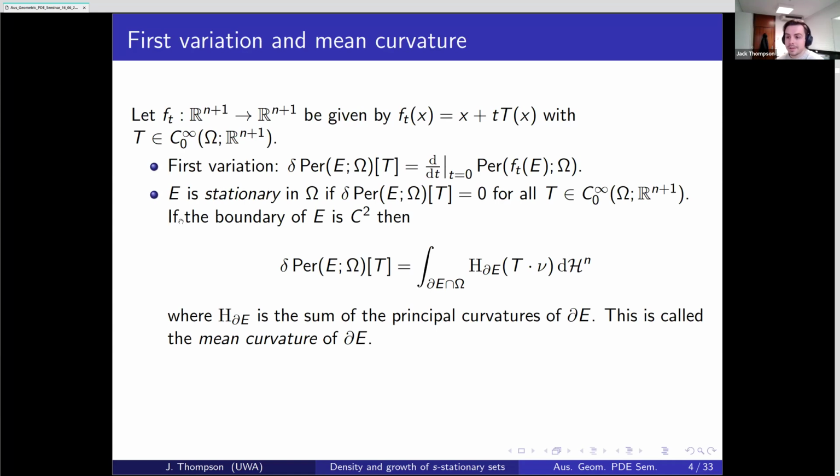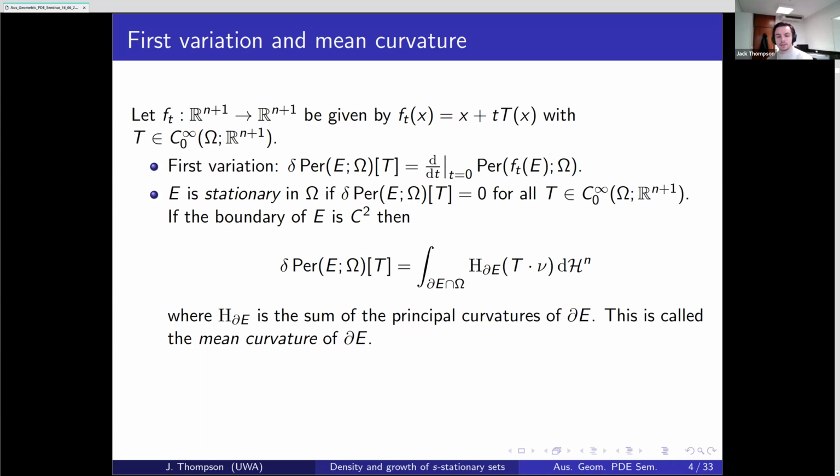Now you can sit down and do the computation, and if E has C^2 boundary, then we can write the first variation in this form, as this integral, where this term pops up that I notate with H with a subscript partial E. This is the sum of the principal curvatures of the boundary of E, and this is what we refer to as the mean curvature.